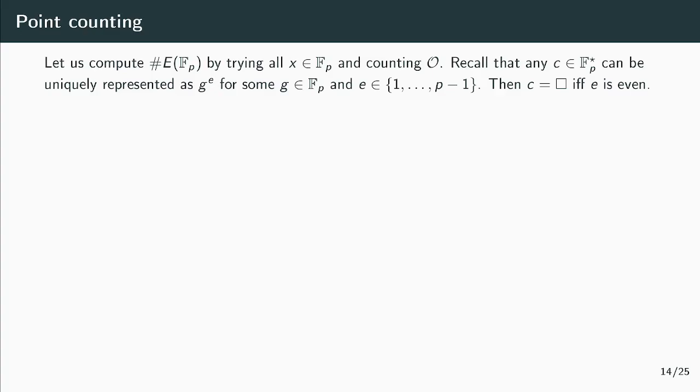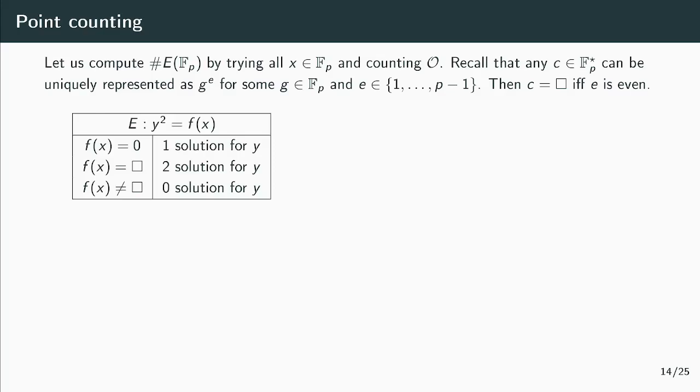It follows that exactly 1/2 of all non-zero elements of Fp are squares in Fp. Moreover, the product of two squares or a product of two non-squares is again a square, whereas the product of a square and a non-square is a non-square. Now we can try to count the number of solutions to y squared equals f(x).